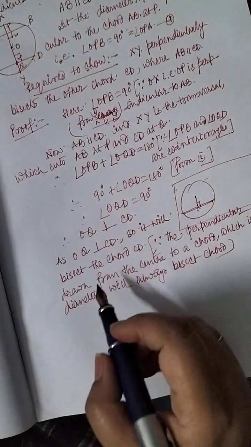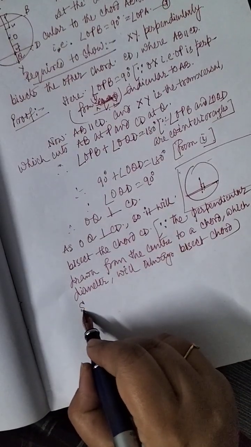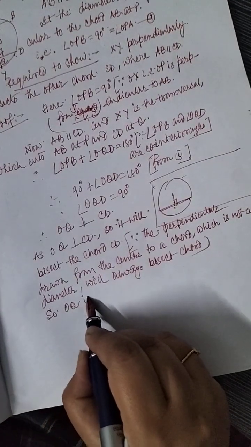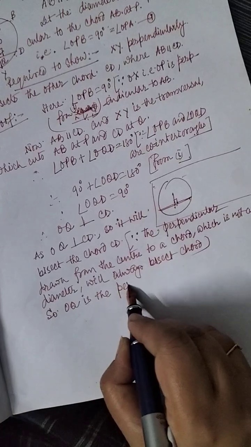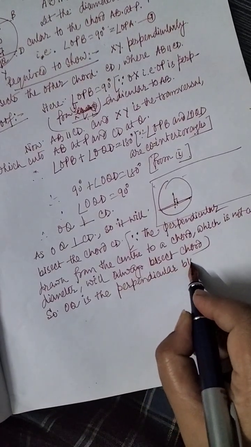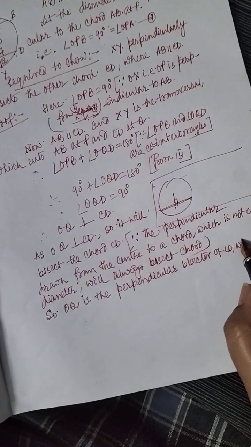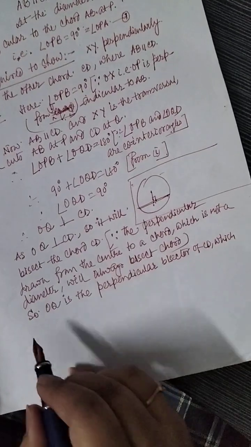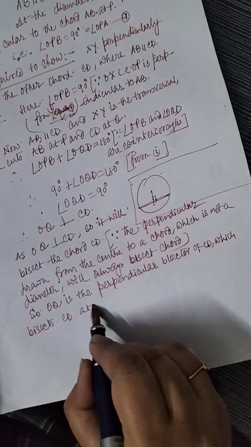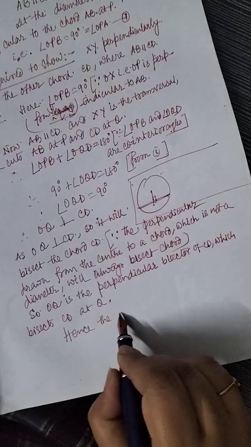So let's write it. So OQ is the perpendicular bisector of CD, which bisects CD at Q. Hence the statement is proved.